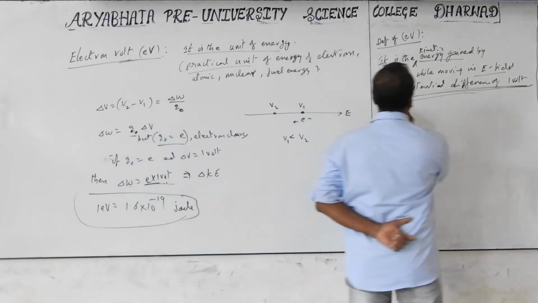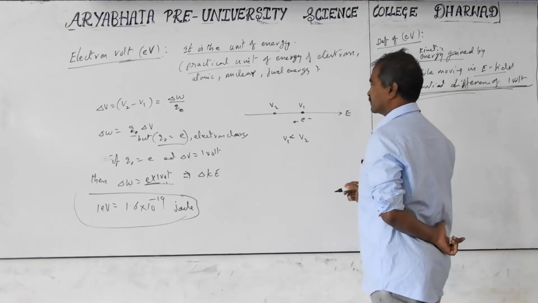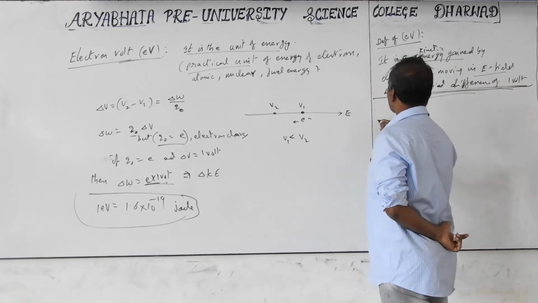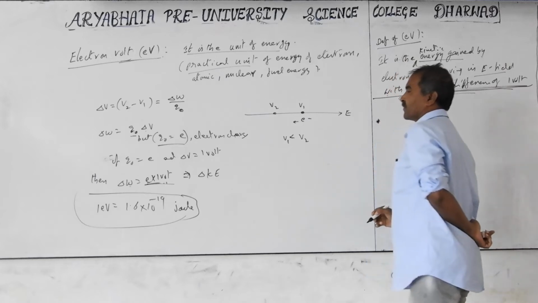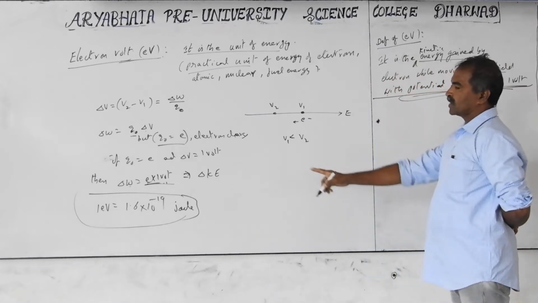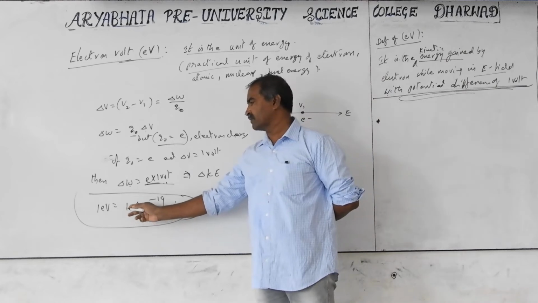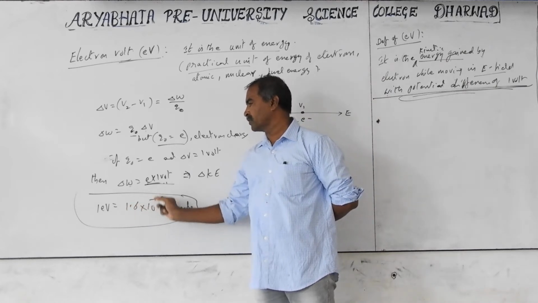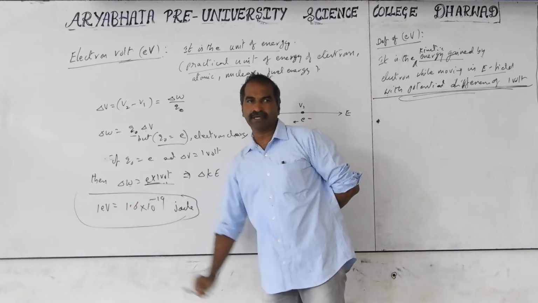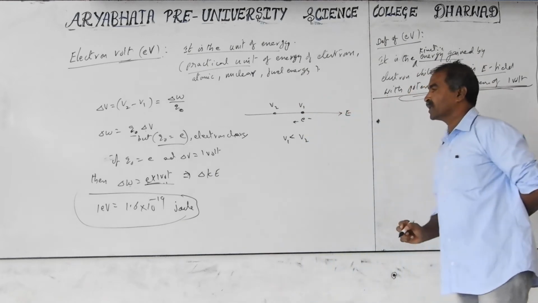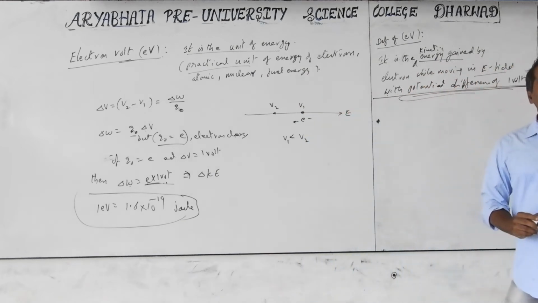Next, extra points related to this. 1 electron volt is 1.602 into 10 to the power minus 19 joules; the exact value is required. But we generally also use kilo electron volts, mega electron volts, and giga electron volts.